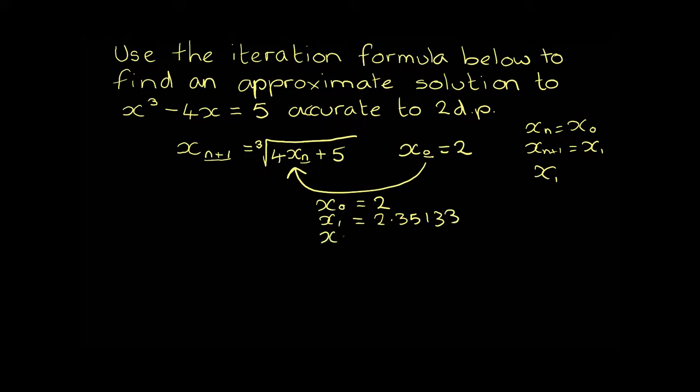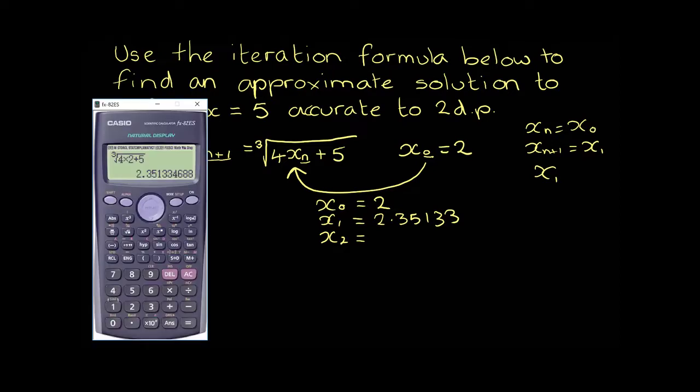So now we're going to substitute that new value, the x1 value, into the formula so that we can get x2, the next one up. And I'm going to show you how we can use the calculator to do this nice and easily. And on our third step, it's going to get even easier still. So we're going to go in here, and what we're replacing is the 2 that's in there.